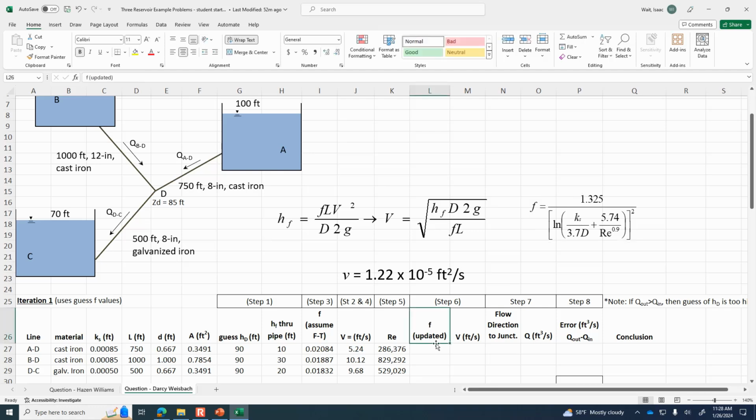So here where it says f updated, now instead of just using the fully turbulent flow assumption, in the next step, here in step 6, we're going to use the full Swamee-Jain equation to calculate the f values.